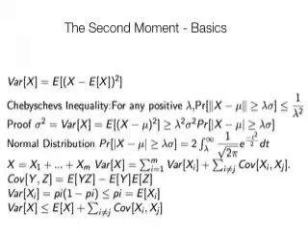If you view the probability that the absolute value of X minus mu is greater than or equal to lambda sigma, then you will see that the middle part of this U shape is blocked.